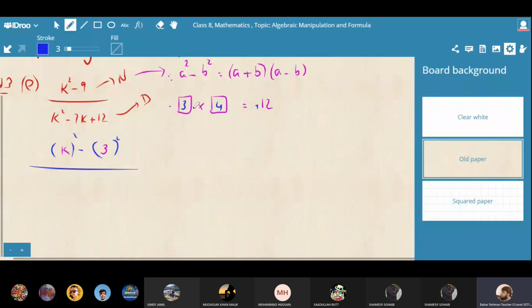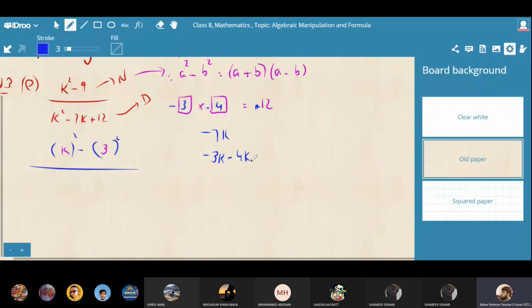Minus 3 times minus 4 becomes plus 12, because the same sign will be used. So instead of minus 7k I will be using minus 3k minus 4k.